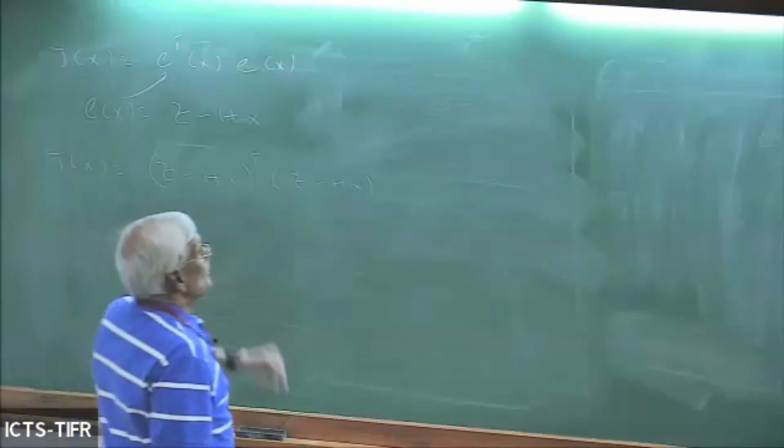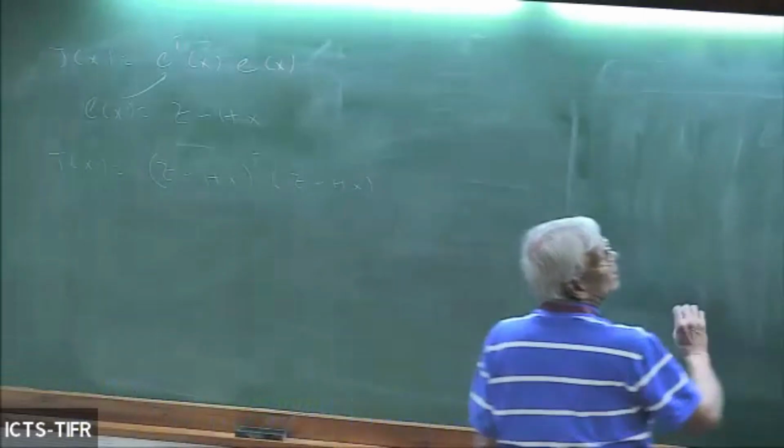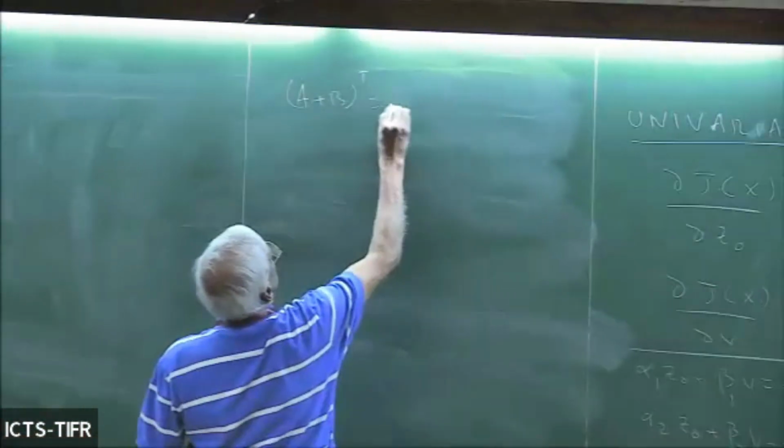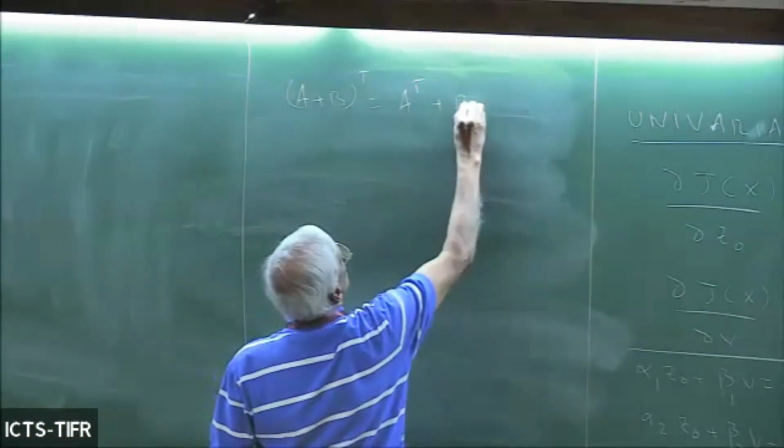Are you all with me? How many are with me? Now what happens? Matrix algebra comes into play. So I need to talk about the transpose. I'm going to talk about the properties of matrix algebra. Now, A plus B transpose is equal to A transpose plus B transpose.